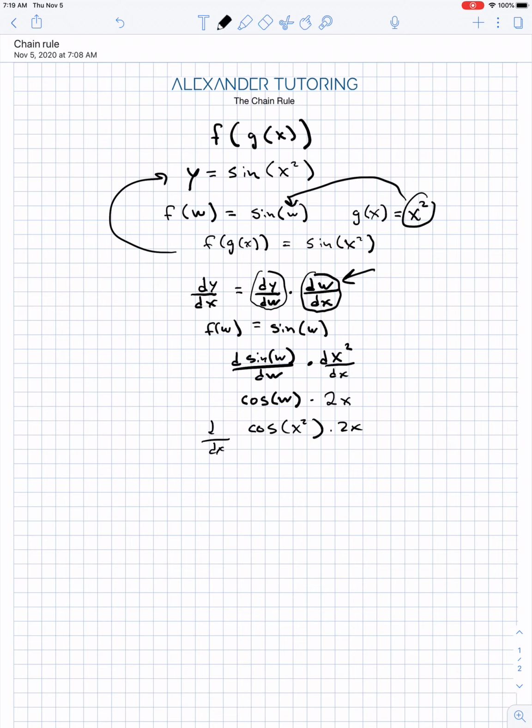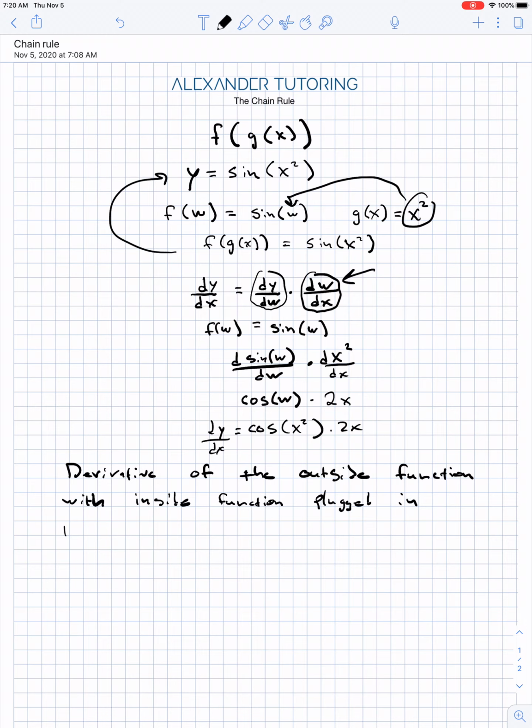Now, to be more practical, here's how I like to think of it. The chain rule, I like to use words. It's the derivative of the outside function with the inside function plugged in times the derivative of the inside function.